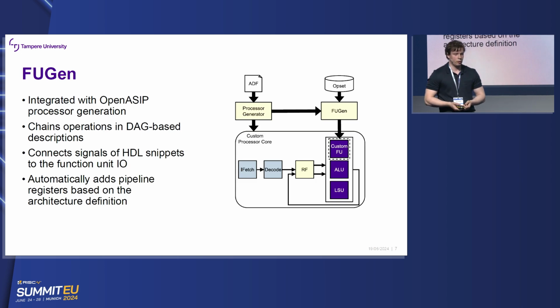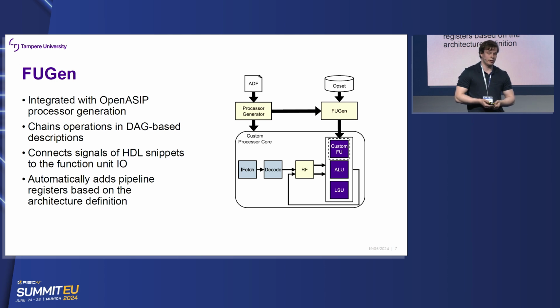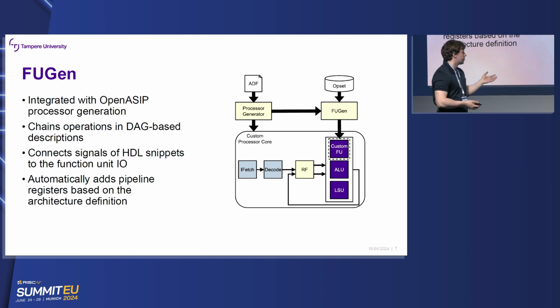And the toolset also supports hardware generation down to RTL, and it's somewhat of a multi-part problem because you have to generate the processor pipeline, which is quite static, but then you also have these customized functionalities that the designer can choose and describe. And we have a separate tool for generating these customized function units that can vary a lot based on the designer's input.